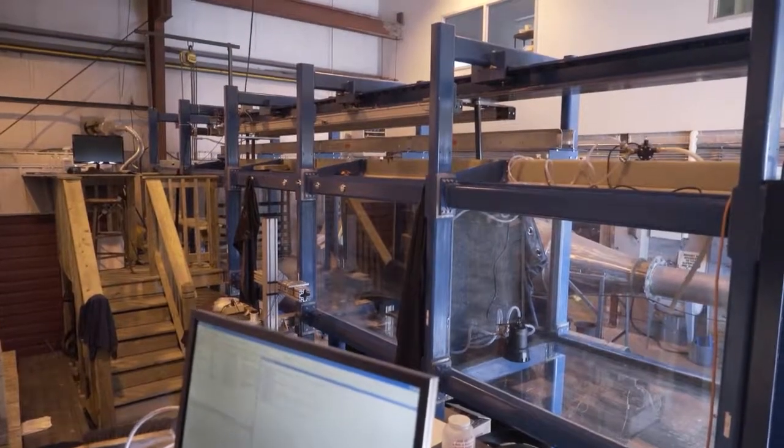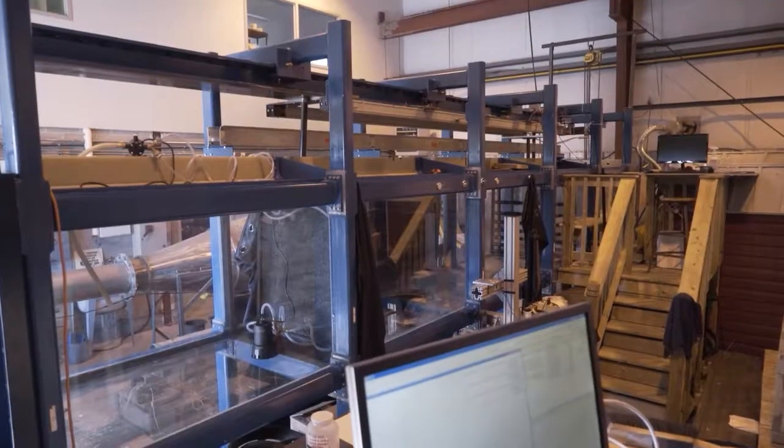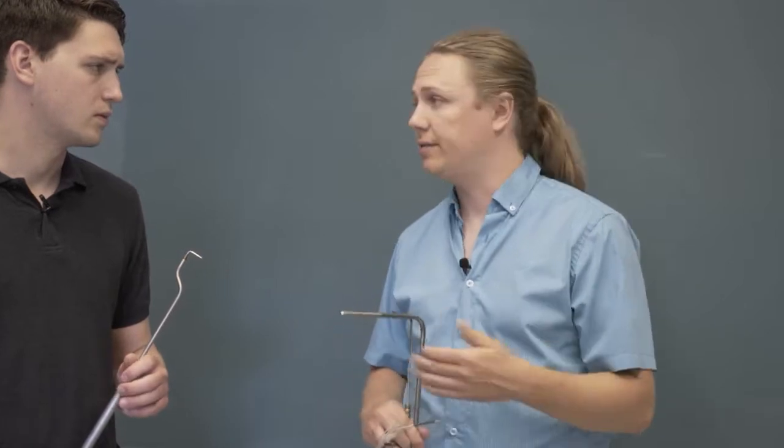And you use it pretty frequently here in the lab, is that correct? What we do here is we measure and characterize the performance of gas turbine related devices. So things like nacelles that go on the wings of airplanes or exhaust systems that we strap to the exhaust of a gas turbine.